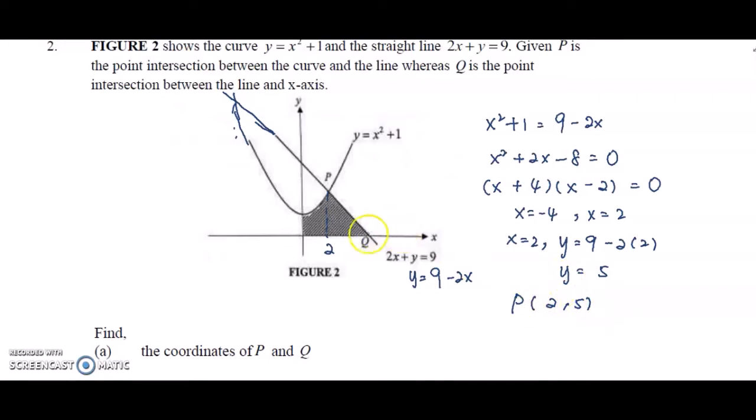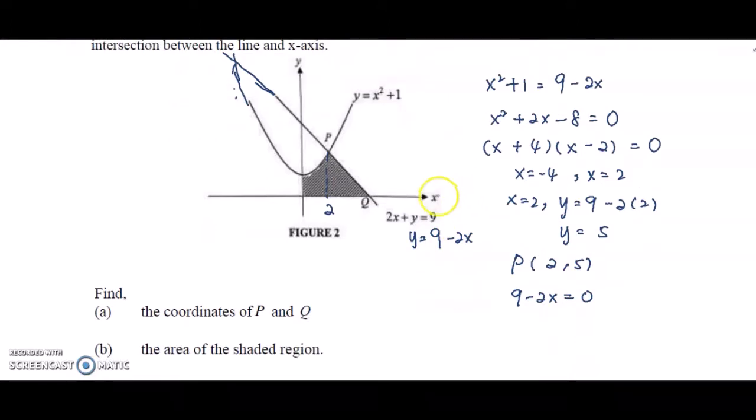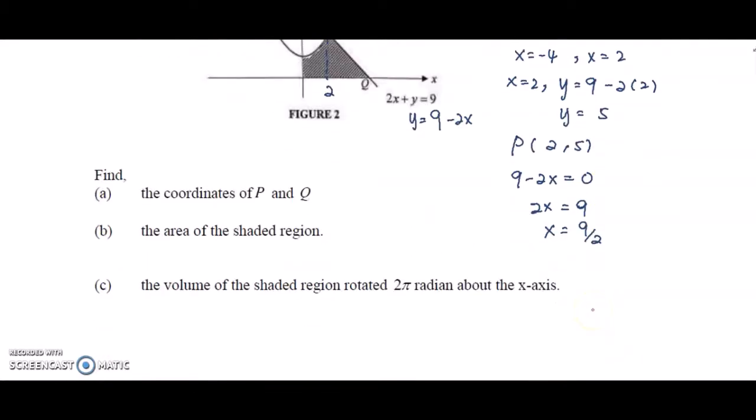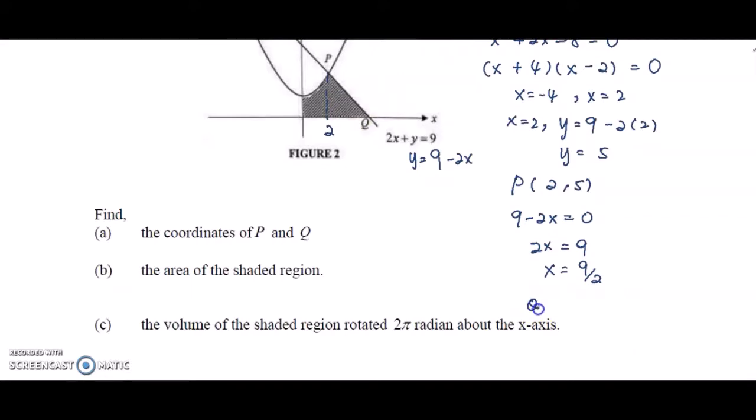To get the coordinate of point Q, I just need to replace y as 0, because this is the x-intercept. Then I solve for x, so x equals 9/2. Of course the y coordinate is 0, so Q has coordinates (9/2, 0).